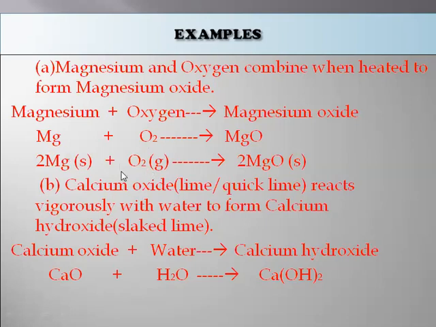Here we have multiplied the number and added the coefficient. Since oxygen atoms are less on the product side, we have multiplied by 2 here on the product side to balance the oxygen atoms. 2 is mentioned here as the coefficient. This multiplication results in an equal number of oxygen atoms on both sides.